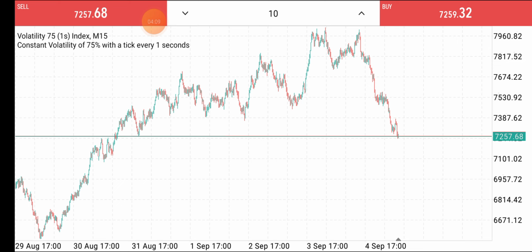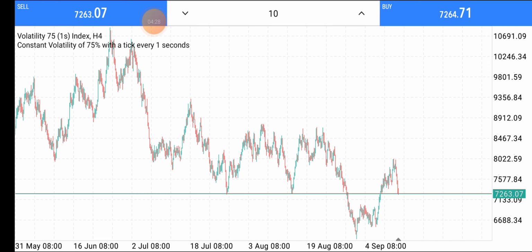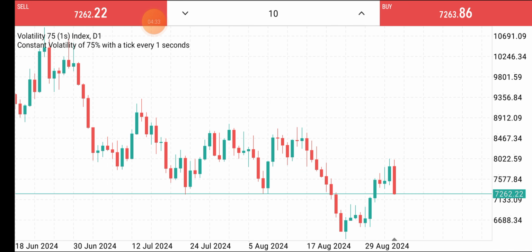You can't rely on false movements of the smaller time frame, but you can rely on every movement on the higher time frame, like H4, especially the daily time frame. If you see any candle retracement signal on the daily time frame, it is a valid retracement signal.